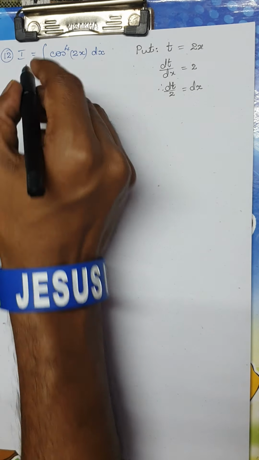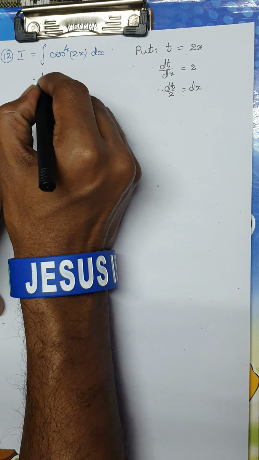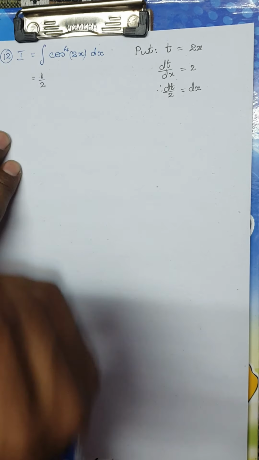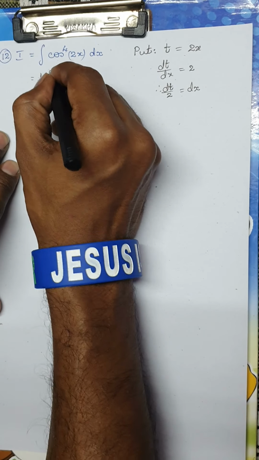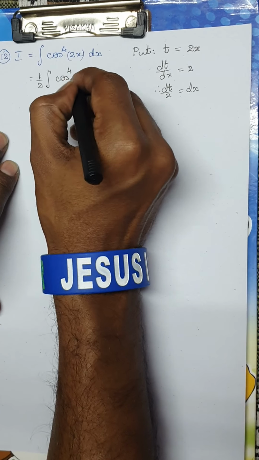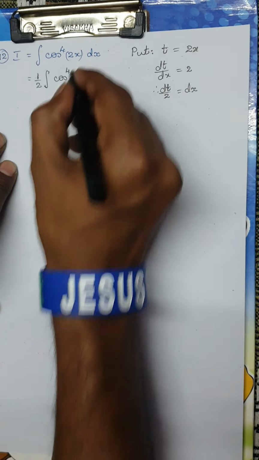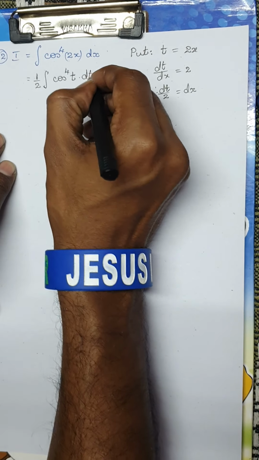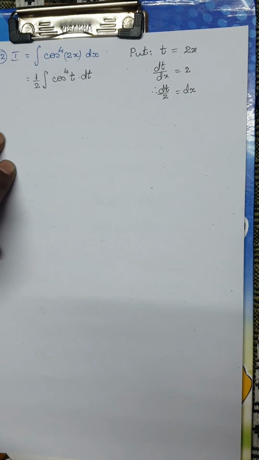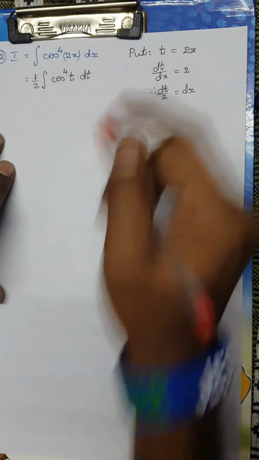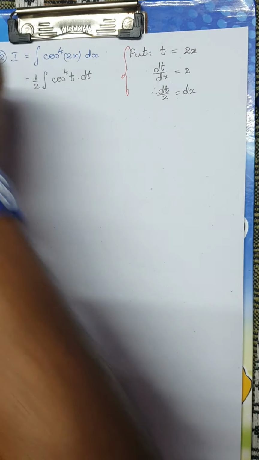Okay, so see what happens. The integral will be converted into, I have dt by 2, let me keep it outside, integral of cos power 4 t. 2x becomes t and dx becomes dt. Remember, this 1 by 2 can be kept outside because this is a substitution form.